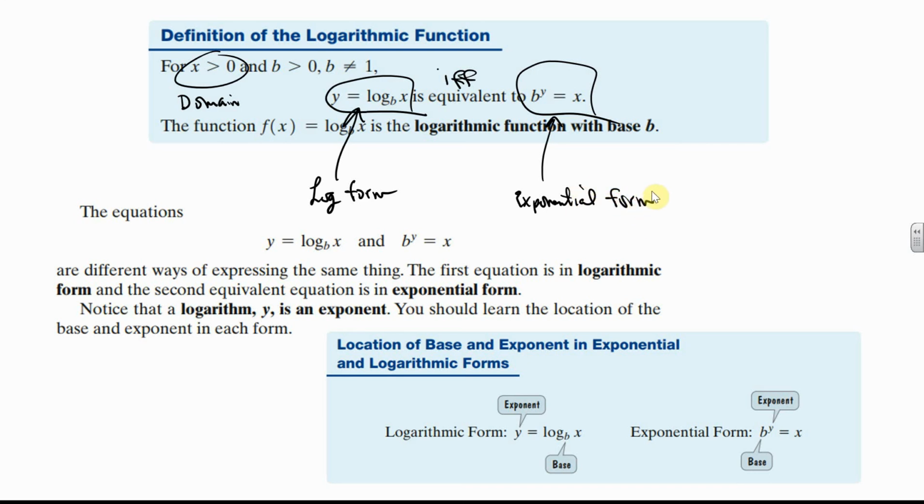So we have y is equal to log base b of x is equivalent to x equal to b to the y, or b to the y is equal to x. Why is the b stated there like it is here? Because this b for that log represents the base. B is the base.